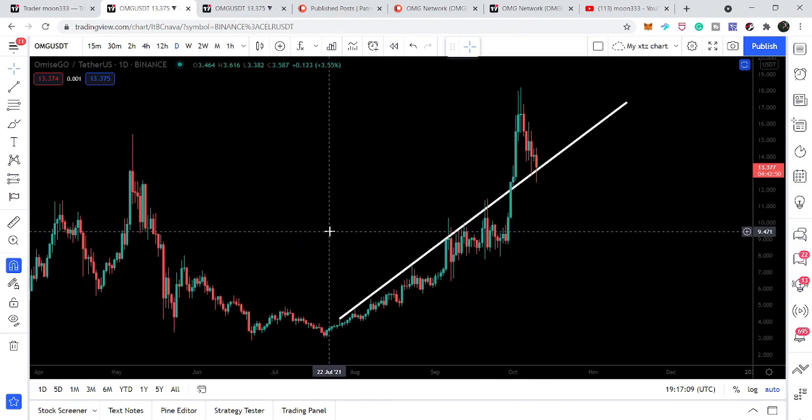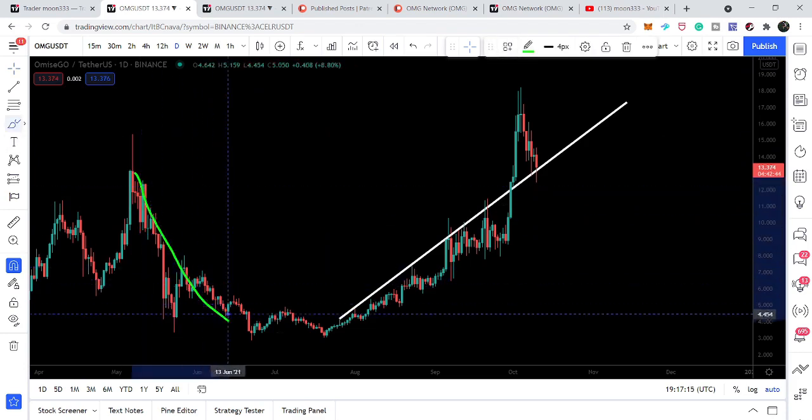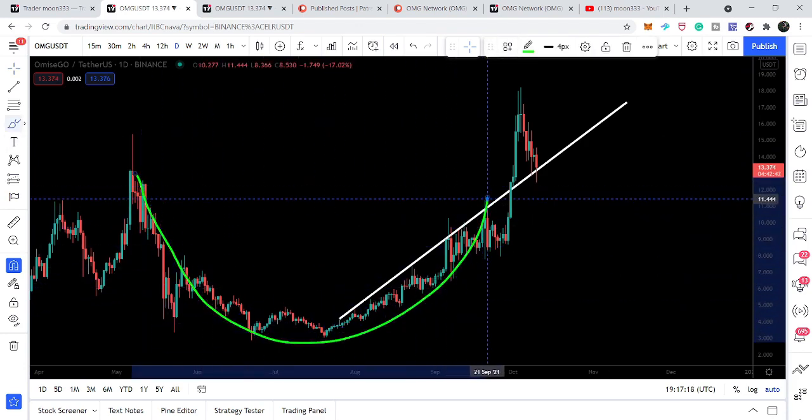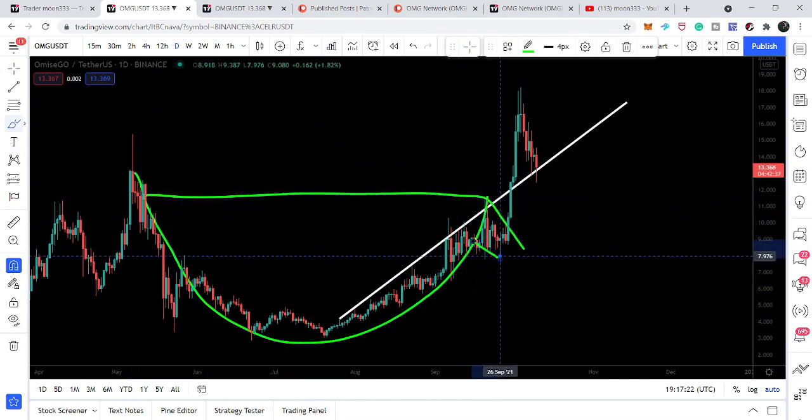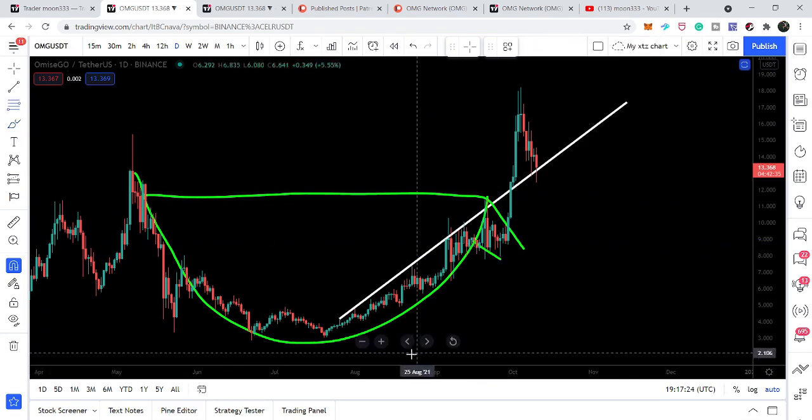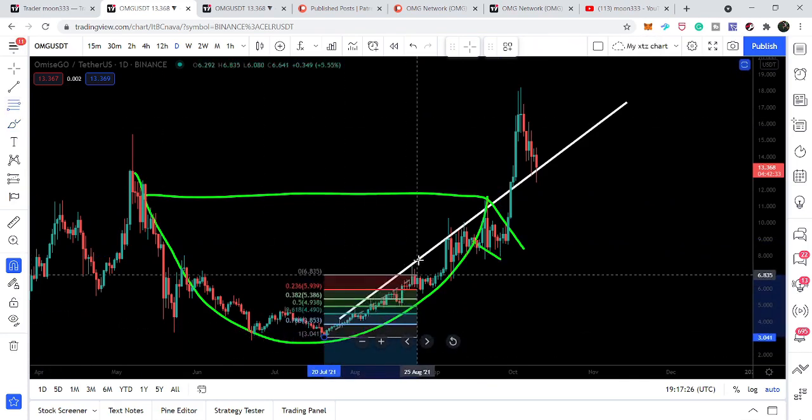And I also shared a cup and handle formation that was previously formed on this same daily time frame chart. This was the body of the cup, and here we had the resistance, and this was the handle of the cup that was retraced up to 0.382 Fibonacci retracement level.